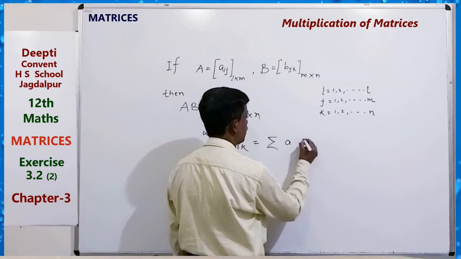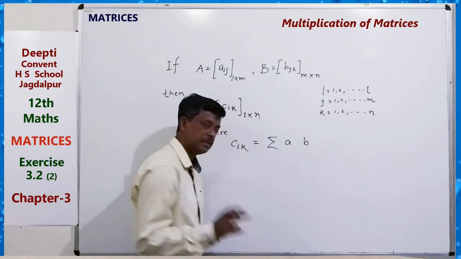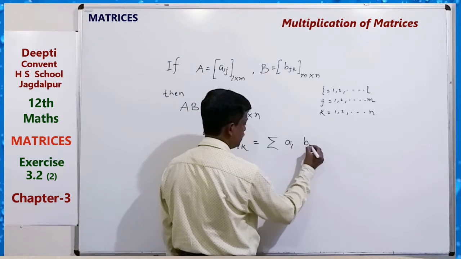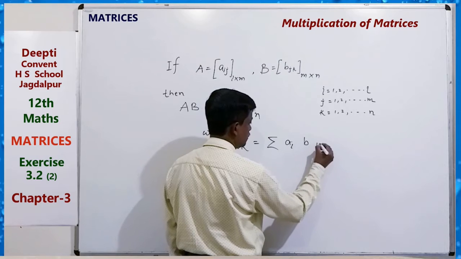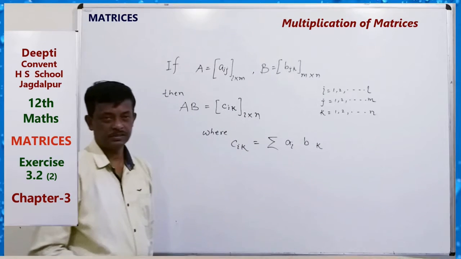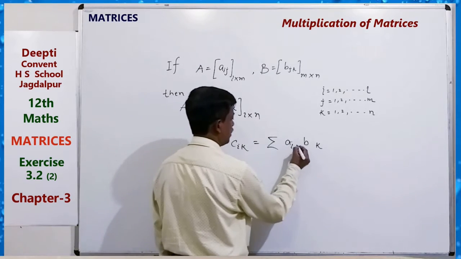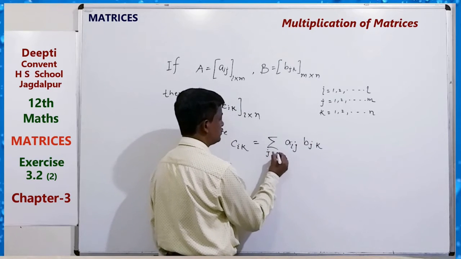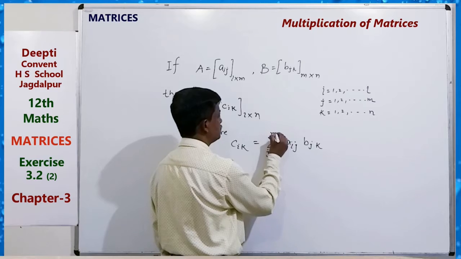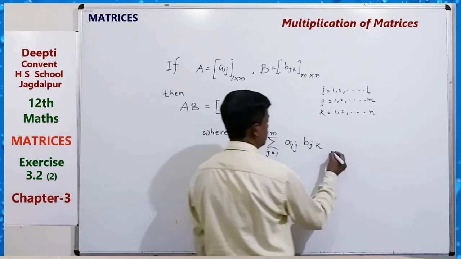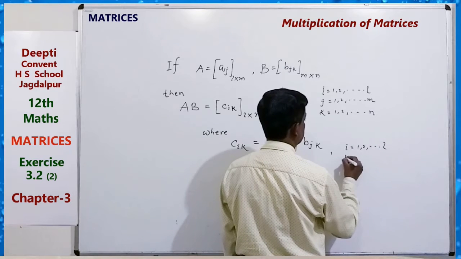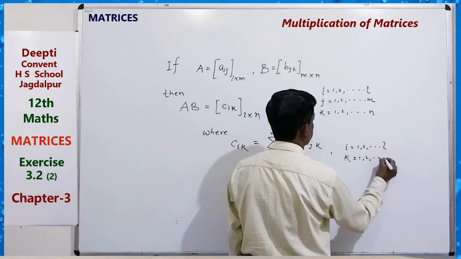A, B. Here just i and k. In between j. Sum of j from 1 to M. And here i equals 1 2 up to L, and k equals 1 2 up to N.